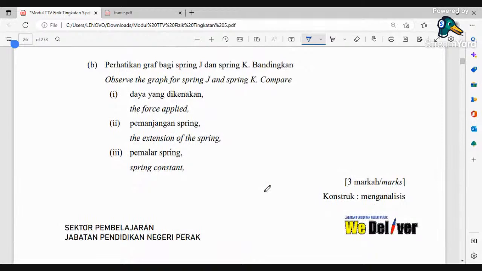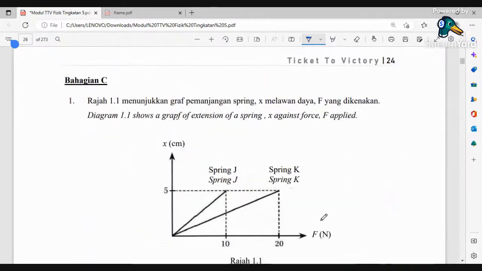Okay, B, observe graph for spring J and K, compare force apply, extension, spring constant. J and K. This graph is x against F. So now from the formula of Hooke's law, F equals to kx. Okay, so according to this one is k equals to F over x.